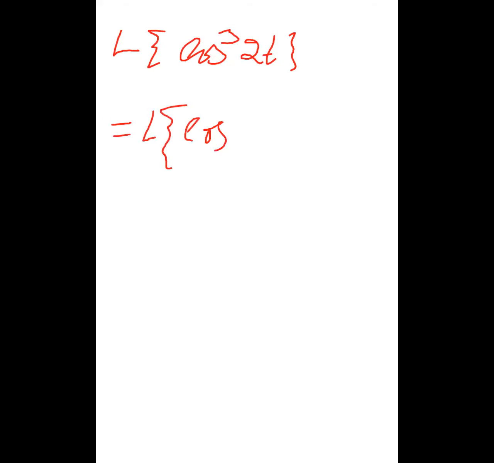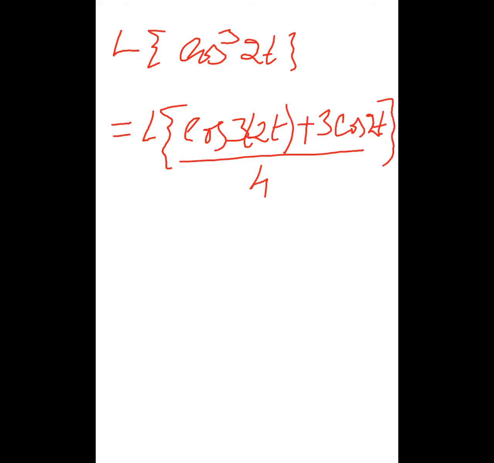Finally, L of cos cube 2t is equal to L of cos 3 into 2t plus 3 cos 2t, all by 4.